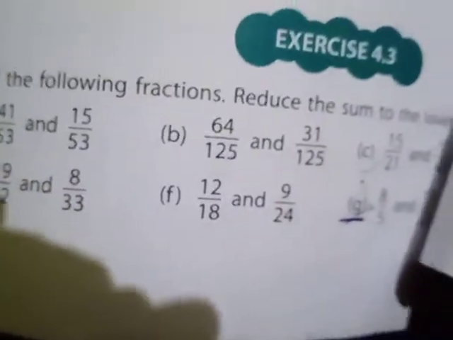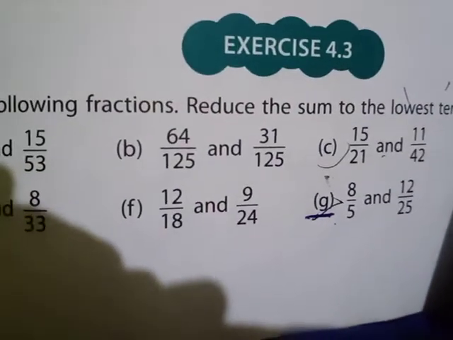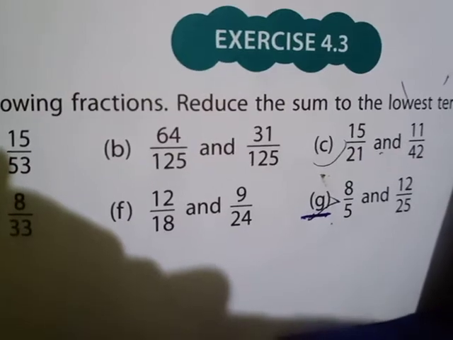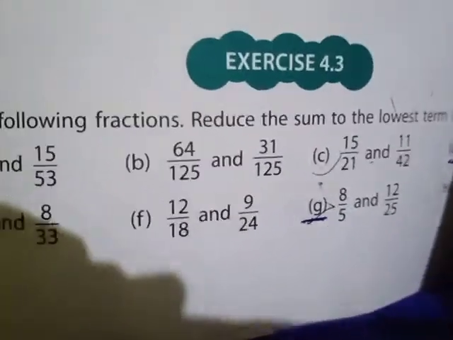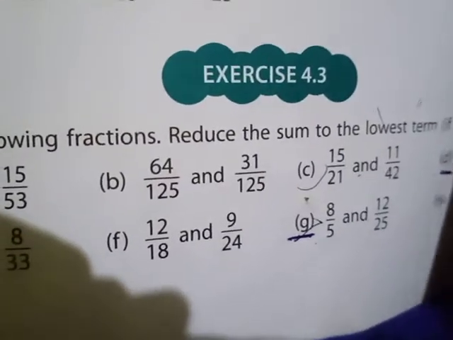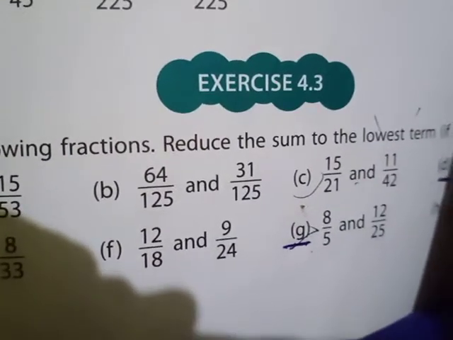Question number 2 is also the same, 64 upon 125 and 31 upon 125. So I'll write the question, 64 upon 125 plus 31 upon 125.